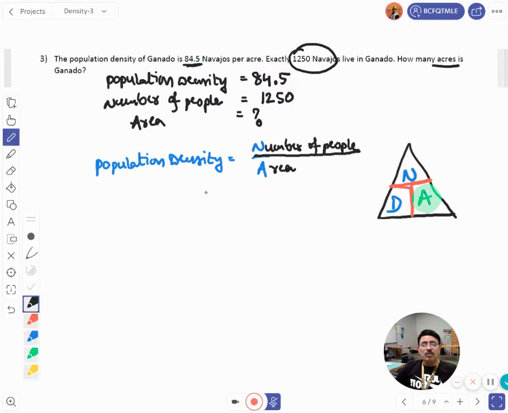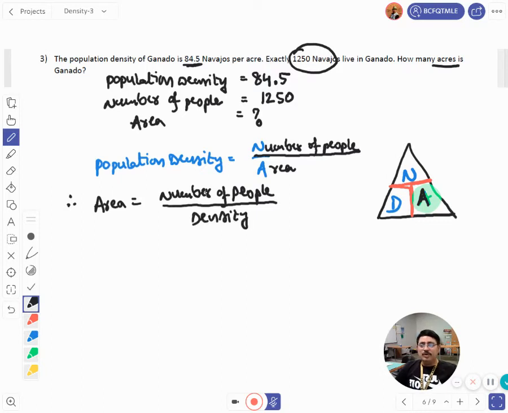Then the rule for computing area is N over D. Therefore, I am writing here, area equals N over D, or number of people over density. Then it's easy to compute. If you use the magic triangle, straight away you can plug in, and it becomes easy.